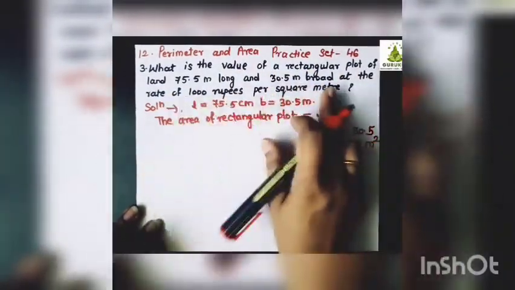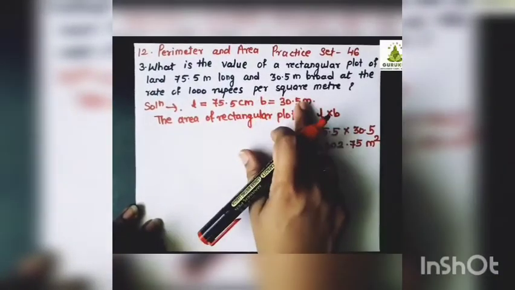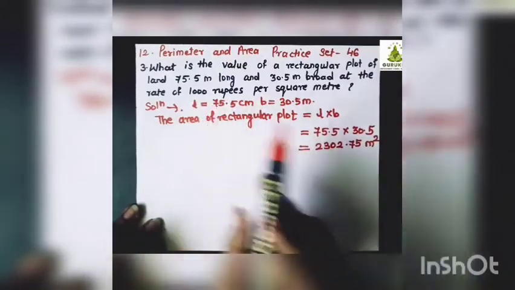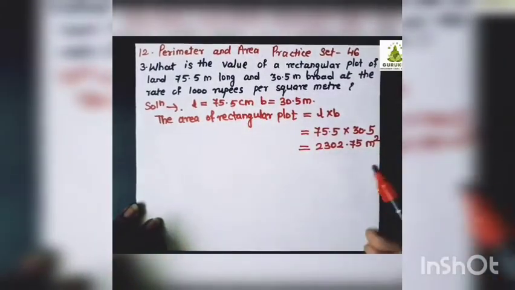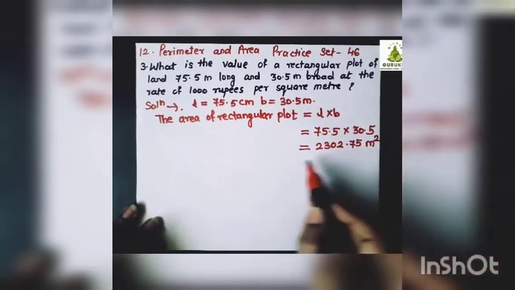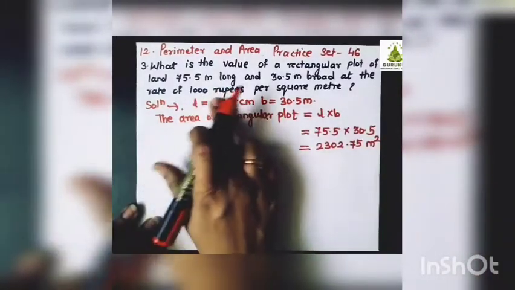So what is the rate? Rate is 1000 rupees per square meter. Means for 1 square meter the rate is 1000. So for these many square meters what will be the rate? So what we will do over here? Yes, we will multiply this area by 1000. That is the value. Correct?